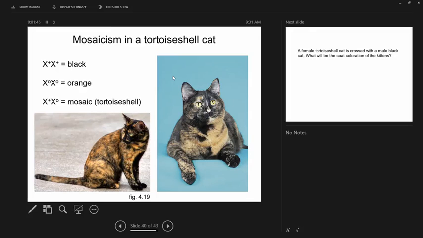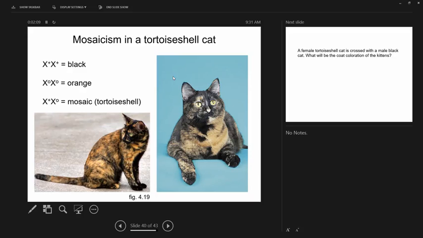I used to put XB and XO for black and orange, but the book has plus for black and O for orange, and I don't want to confuse you guys. So you can do either way. X plus is black, XO is orange, but X plus XO ends up being a tortoiseshell because females are mosaics for the X chromosome.